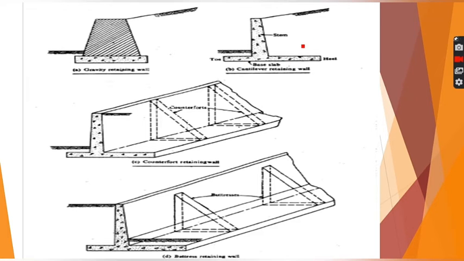Hence, the weight of earth backfill is also providing resistance or stability. These are the counterforts provided on the backfill side. This is the backfill, and these are the buttresses provided on the front face. So this is the front face and this is the back face. So these are the four types of retaining walls.